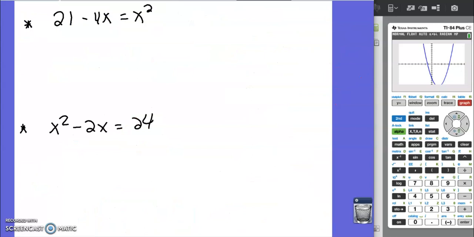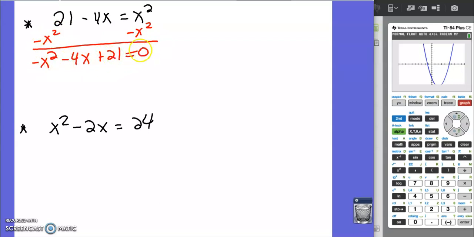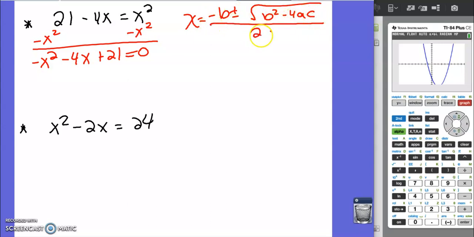All right, so let's try two more just real quick. To solve this, you can bring the x squared over, that's fine, or bring the 21 and the 4x over to the other side. Either one's fine, it does not make a difference. Typically, I advise students to always try to make your a positive, just because it's a little easier to keep track of, but you don't have to. So here's the formula, negative b plus or minus square root b squared minus 4ac, all being divided by 2a.